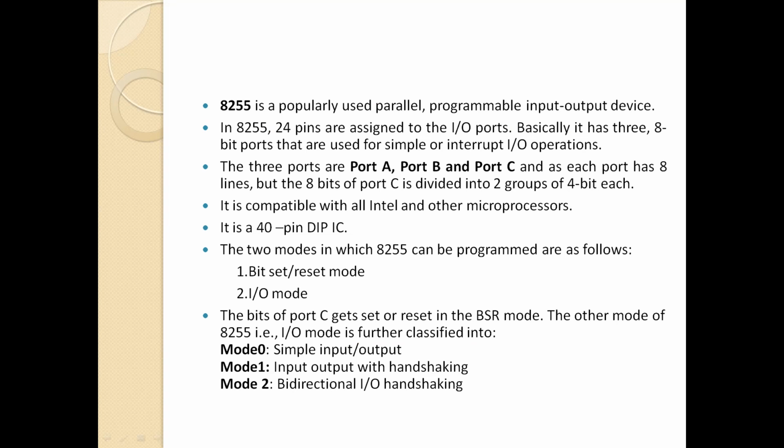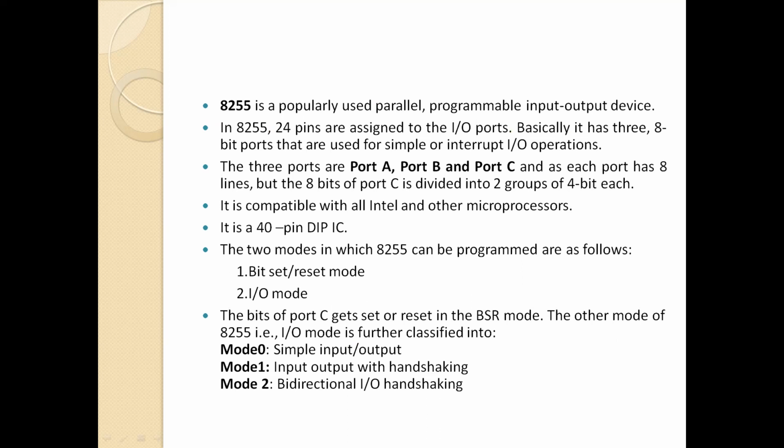It can be programmed in two modes. First is the bit set reset mode. Second is the input-output mode. The bits of port C get set or reset in the bit set reset mode, and the other mode is the input-output mode.